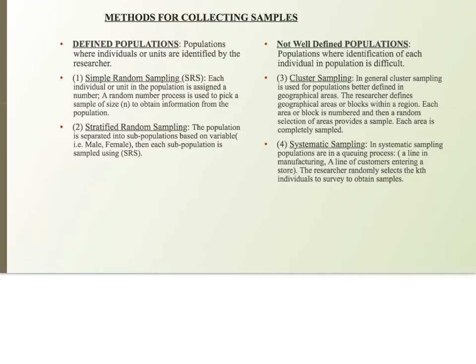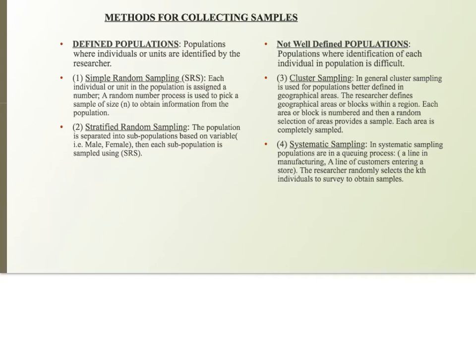So now the idea here is before we can actually conduct a survey or an experiment, we have to obtain the individuals or units from the population. So the researcher has two possibilities.